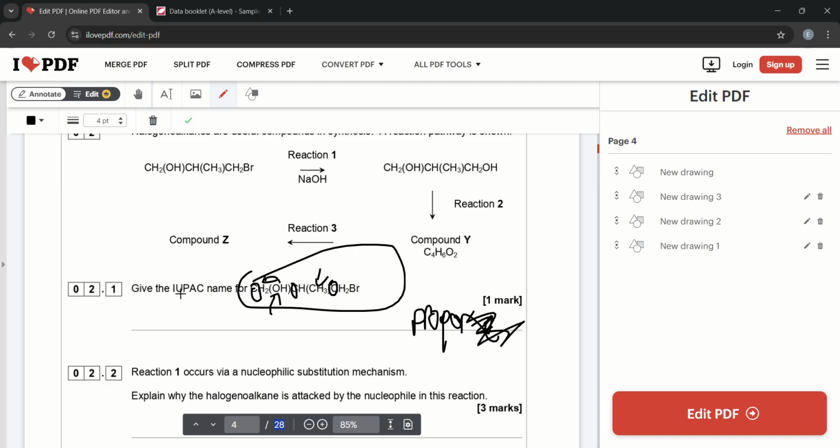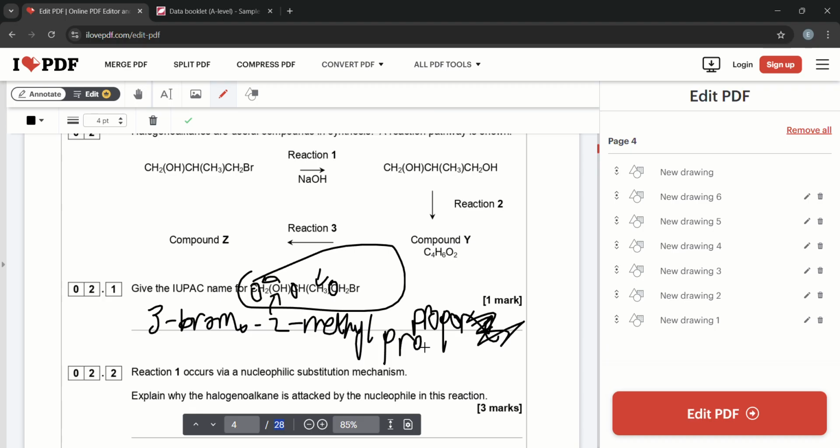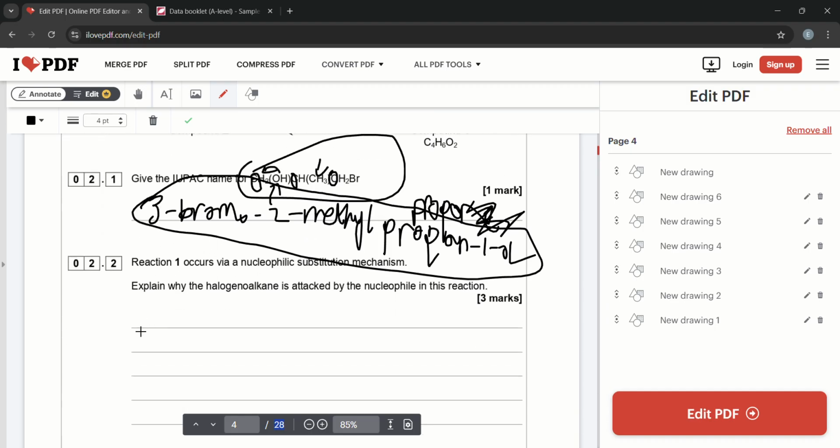So it's going to be 3-bromo-2-methylpropan-1-ol, because the methyl group's on the second carbon, and that's where the alcohol is. Propan, and the alcohol is on the first carbon, so 1-ol.